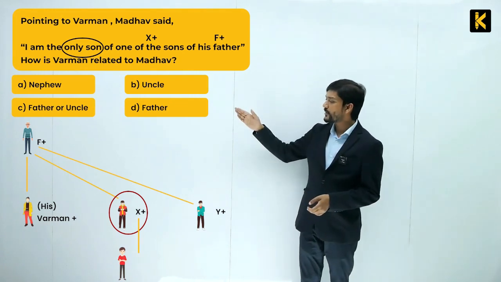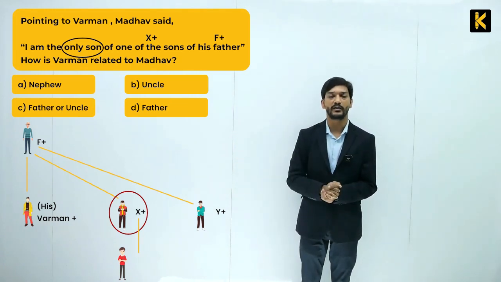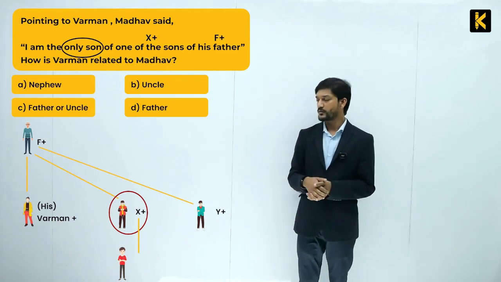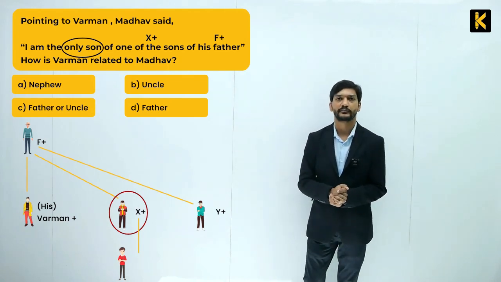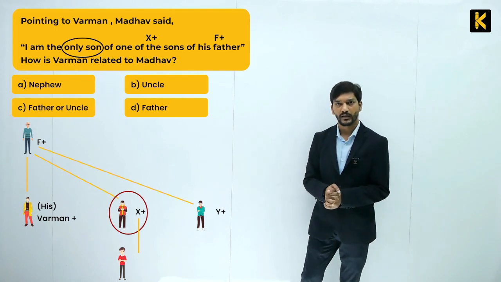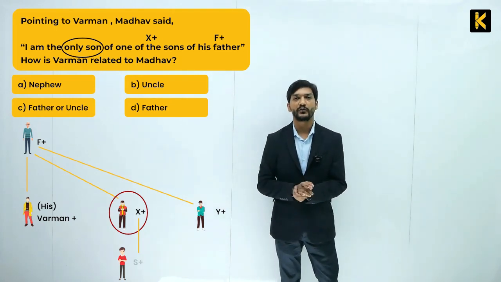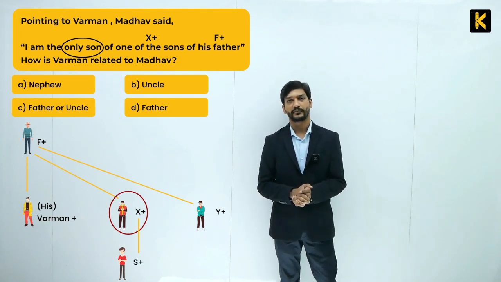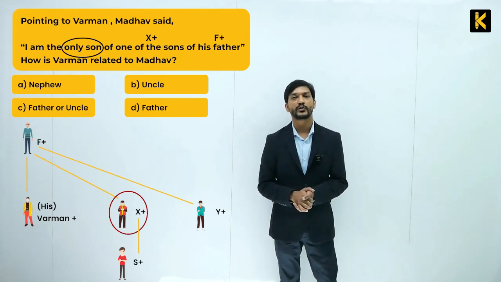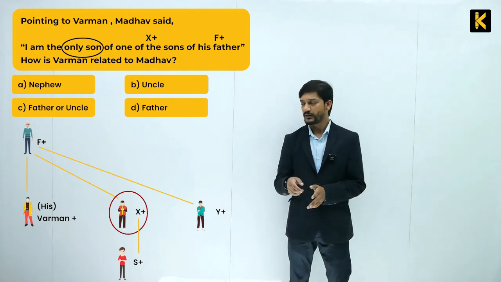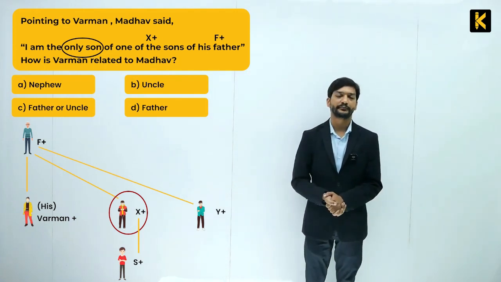So 1 generation below, let me show a son. Son is a male, so let me show a male person. Now, this only son, let me represent with letter S. And because it is a son, S plus. So S plus I have taken.